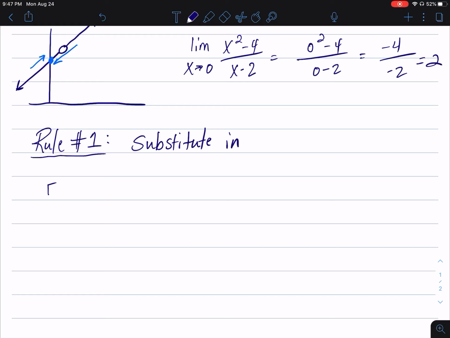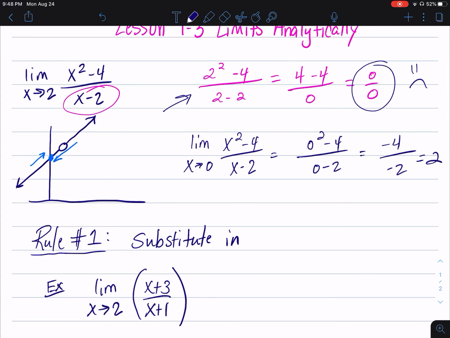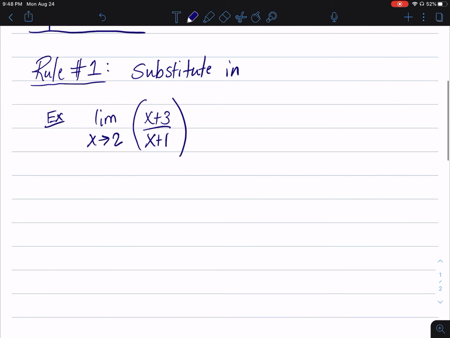So we're going to do some examples of that where we're just substituting in. And then we'll move on to some other ones, like our situation that we started with where we can't substitute in. It's giving us an undefined value when we do that.